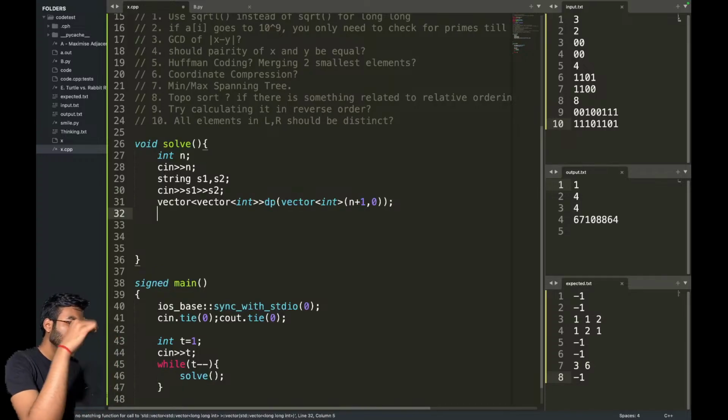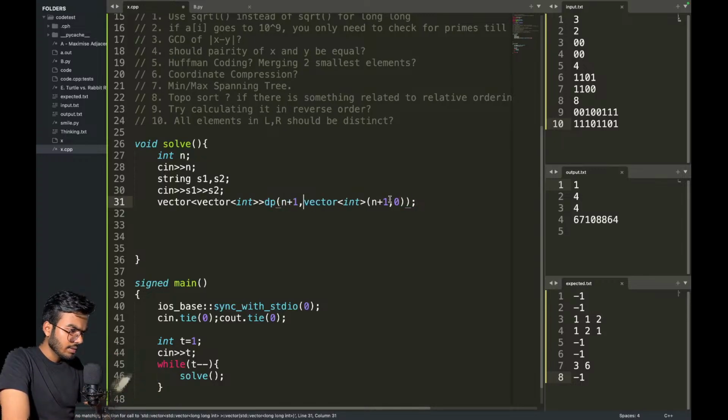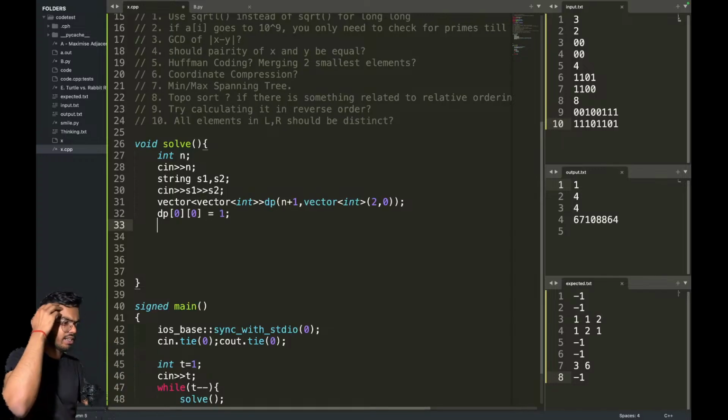Yeah. So we have this. Why is it giving me errors? I think that it is because of this. So we have 2 cross n dp. Now dp of 0 0 is equals to 1 because there is only one way to go in that direction.